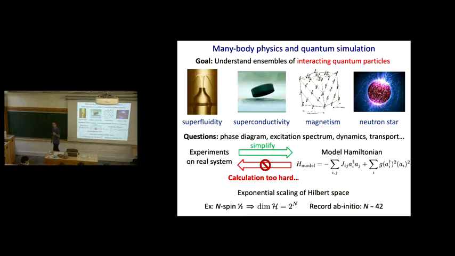And the record ab initio calculation, what people know how to calculate with the best supercomputer these days, is between 42 and 46. Going to 50 is out of the question when they all interact, because it will multiply the calculation time by a large factor. So you see that the number of particles you can calculate is extremely limited.